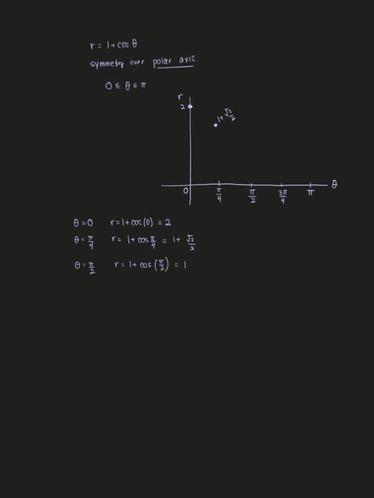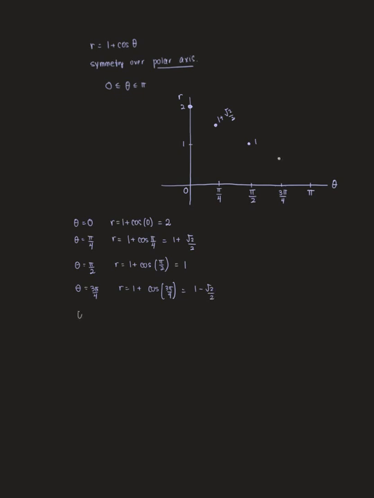And so this has gone down to, let's say, 1. When theta is 3 pi over 4, r will be 1 plus the cosine of 3 pi over 4, or 1 minus root 2 over 2, so a little bit less than 1.